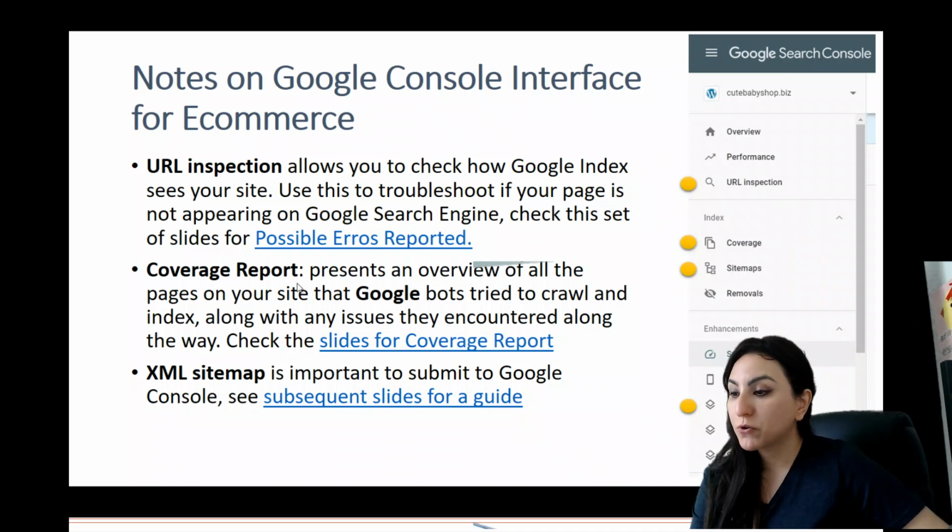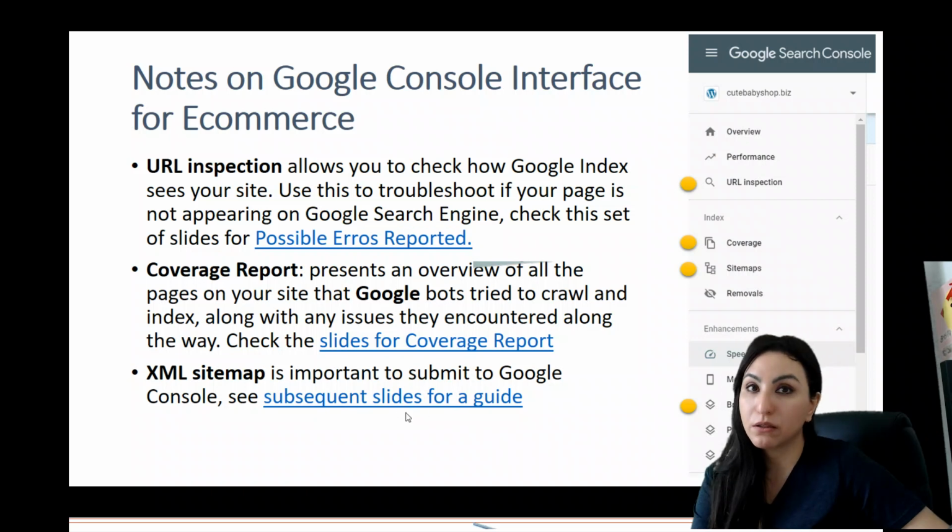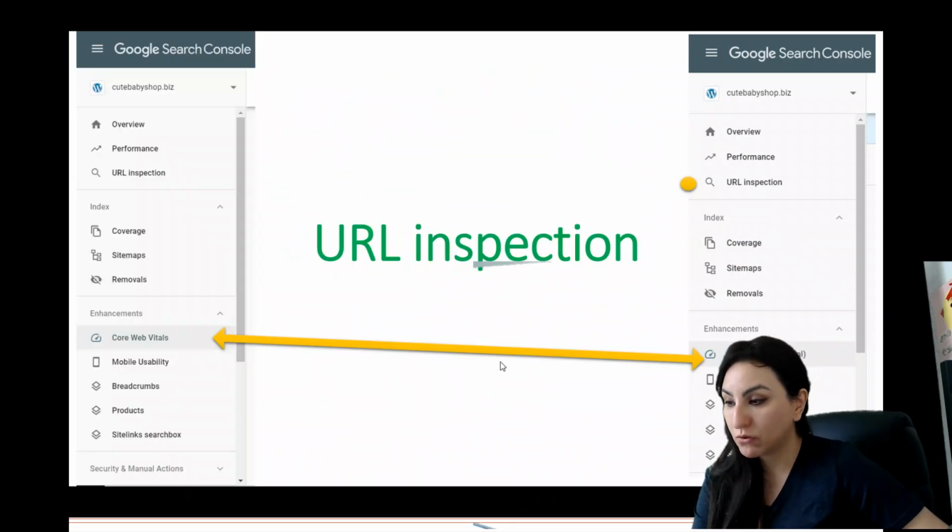The coverage report is very important because it presents an overview of all the pages on your site that Google bots try to crawl and index, along with any issues they encountered along the way. The XML sitemap is also important to submit to Google Console, and there are some subsequent slides relevant to this topic, which I will go over right now.